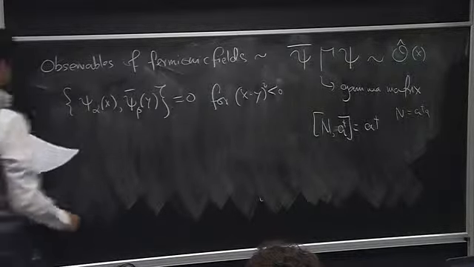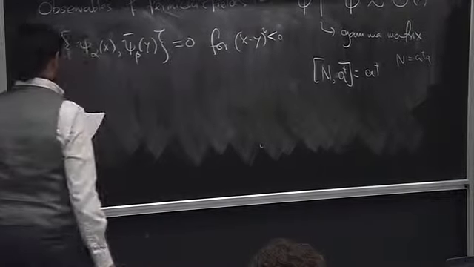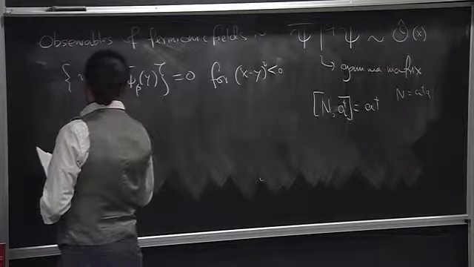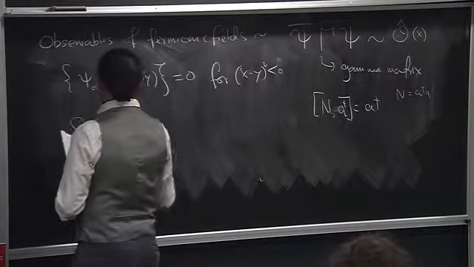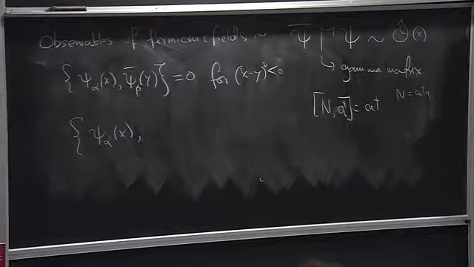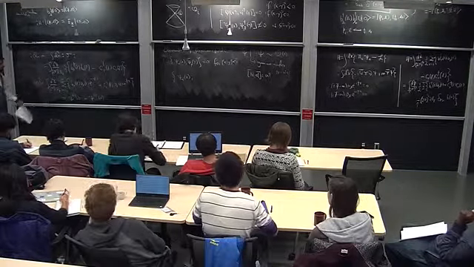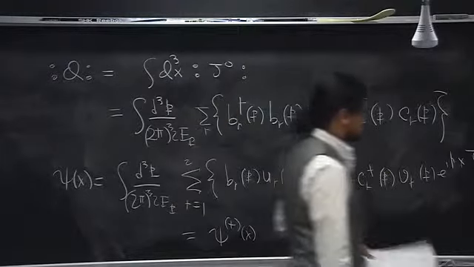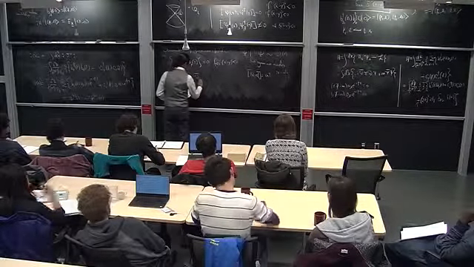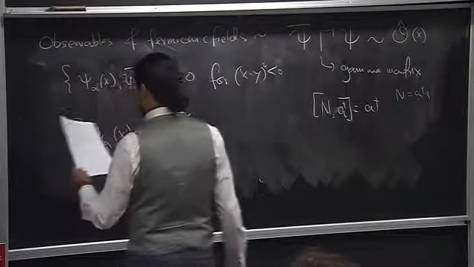So let us show that this is actually true for the free fermion. I've given you the expression for psi. The expression for psi bar you can just figure out from this expression. And then you can say, okay, what if I compute this thing in general using those commutation relationships?